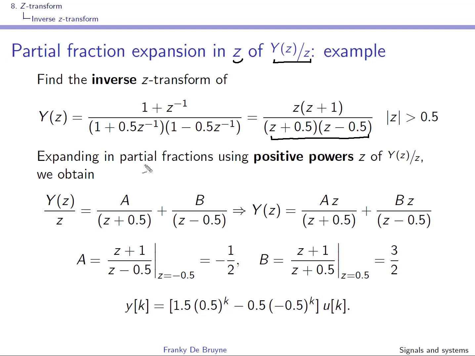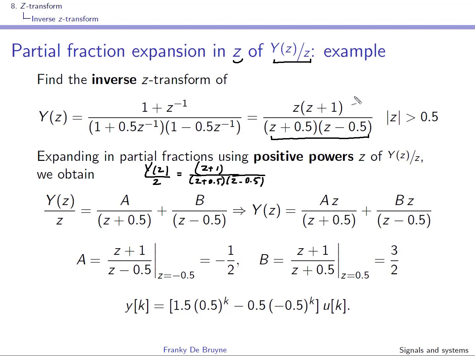So y of z divided by z is, as you can see, z plus 1 divided by z plus 0.5 and z minus 0.5. Obviously y of z divided by z is strictly proper. By the way, this is not the case for y of z, and in the next method we'll work with y of z directly.